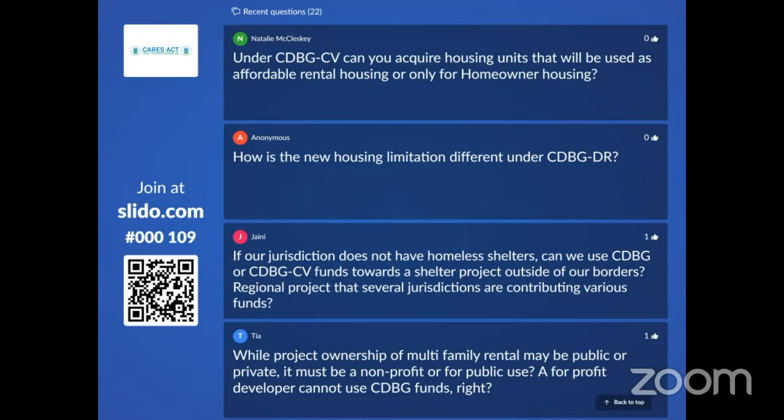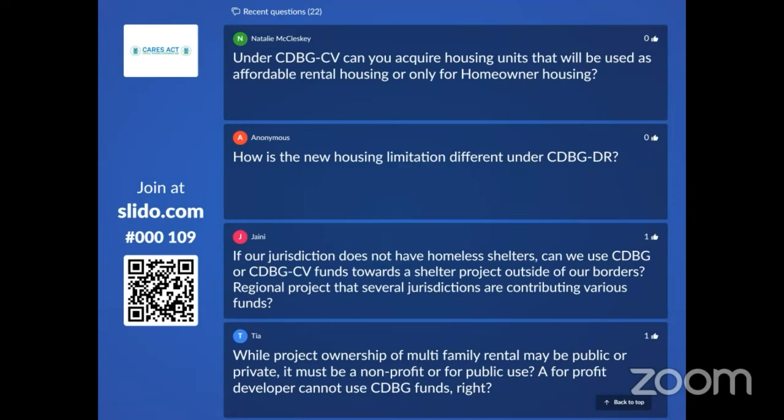Under CV, can you acquire housing units that will be used as affordable rental housing only for homeowners? Okay. If you're using CV to acquire housing units for the purpose of alleviating overcrowding, you can use it for either one. It doesn't matter.